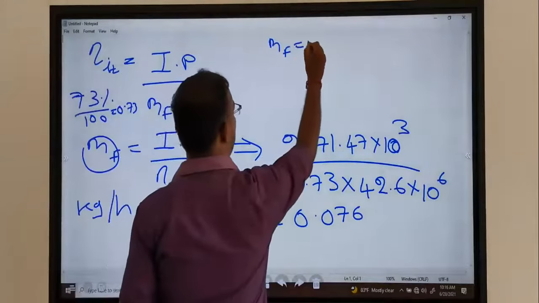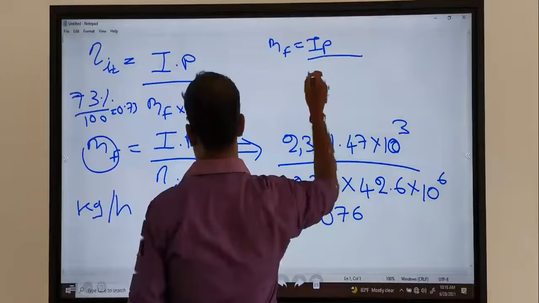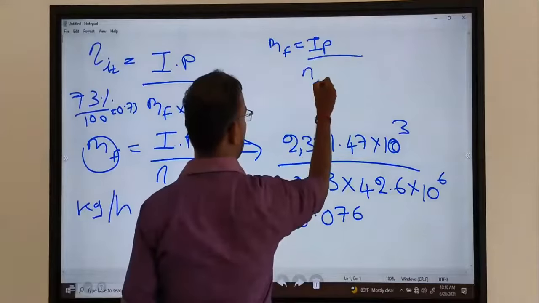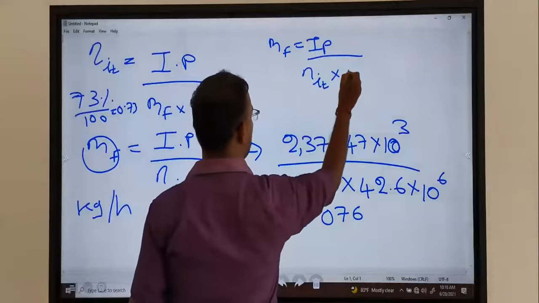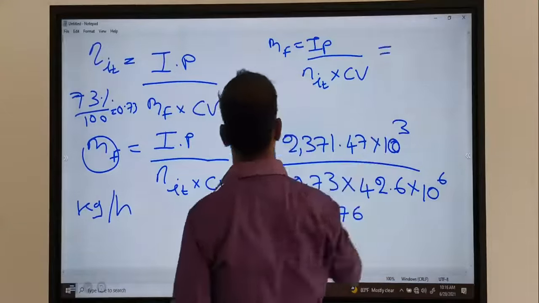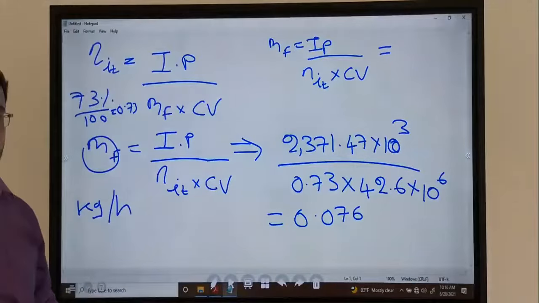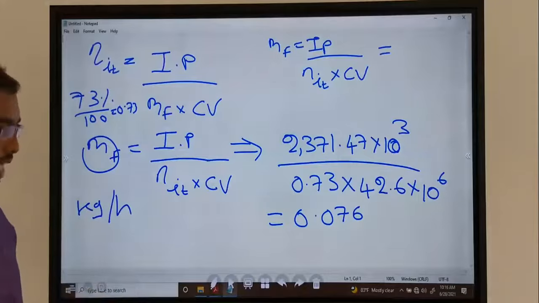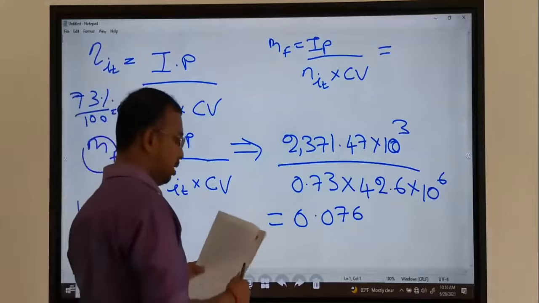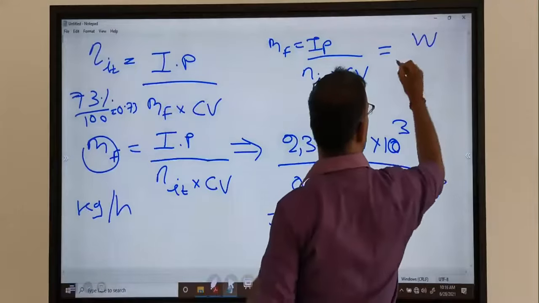This MF equals indicated power over efficiency and CV. The unit of indicated power is kilowatt or watt, so here we put watt.